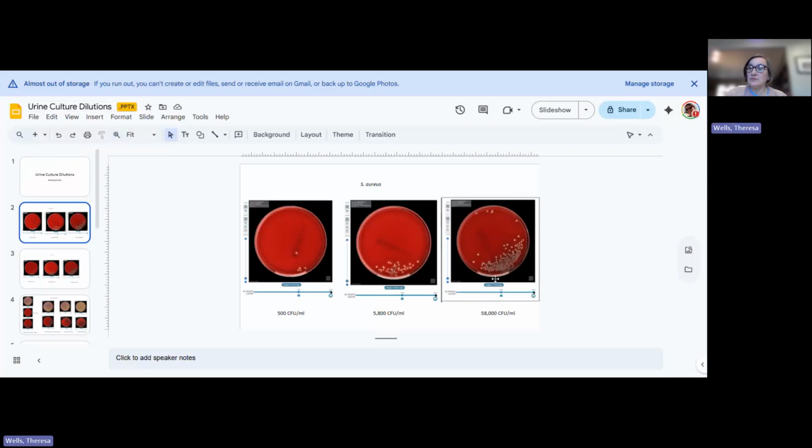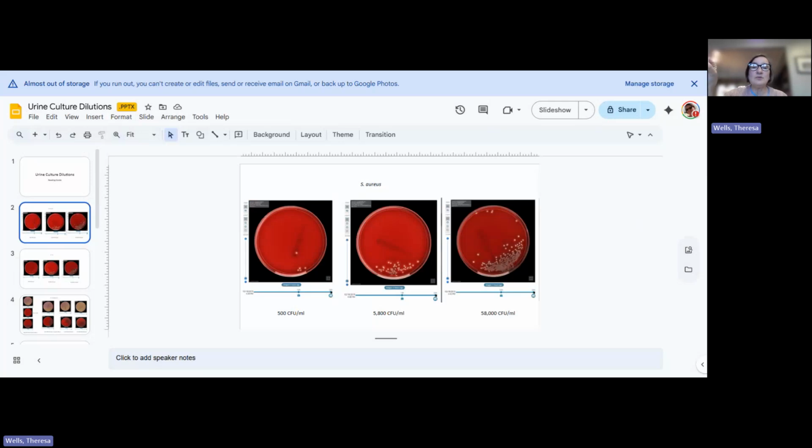I'm trying to zoom in here a little bit for you. I'm hoping you can see this well enough. Just so you know, these were all set up using a 10 microliter loop. Remember, when you're quantitating a urine culture, you have to understand the volume of the quantitative loop before you can actually quantify the urine.